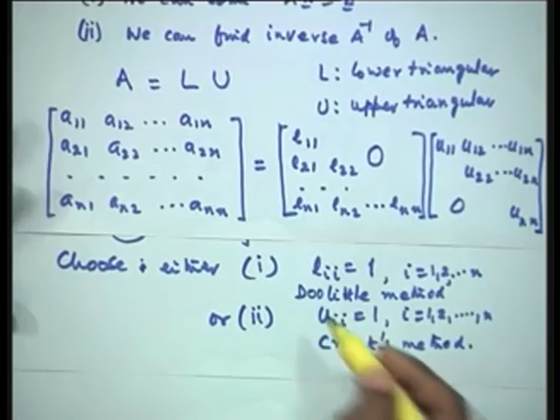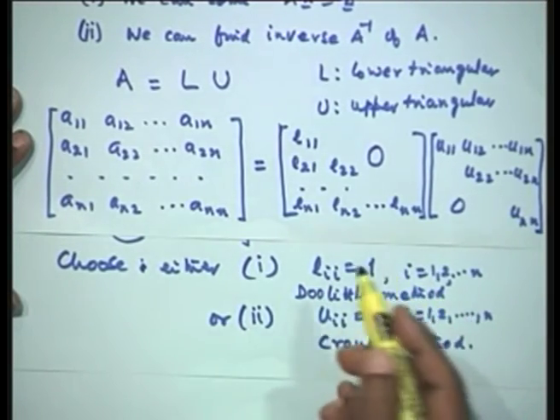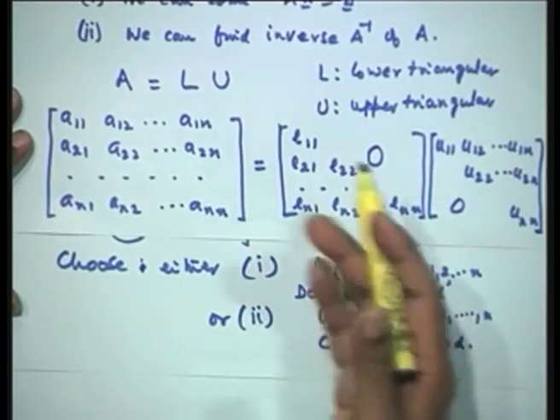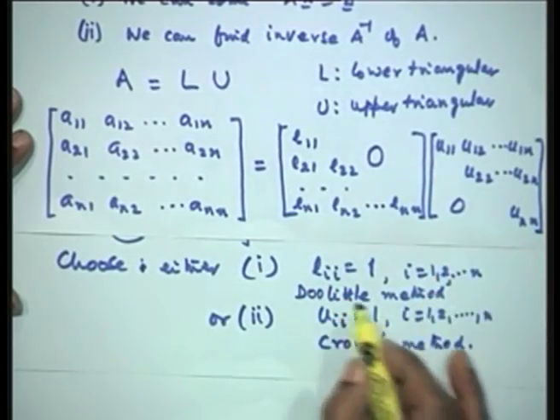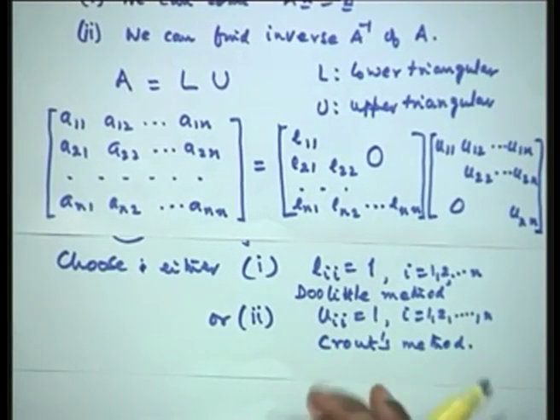For computational purposes both are identical. There is no change in the solution or the number of operations, except that it is our choice which one we would like to use. Okay, we will continue next time.